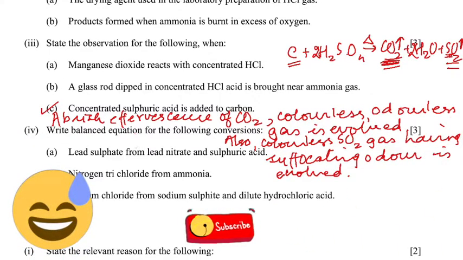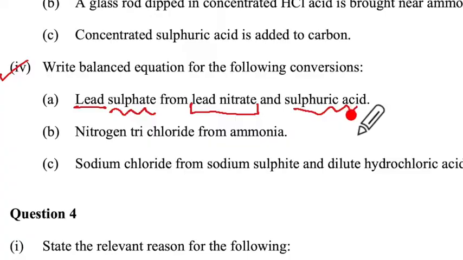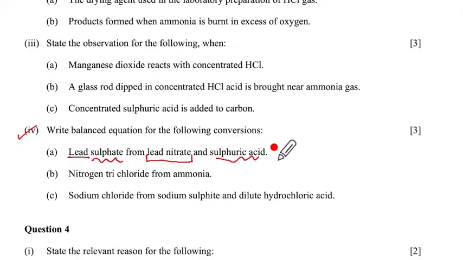Now we come to the fourth subpart. Fourth subpart, write the balanced equation for the following conversion. We want lead sulfate from lead nitrate and sulfuric acid. Now lead will come from lead nitrate and sulfate will come from sulfuric acid. So we will take lead nitrate, that is Pb(NO3)2, plus sulfuric acid.